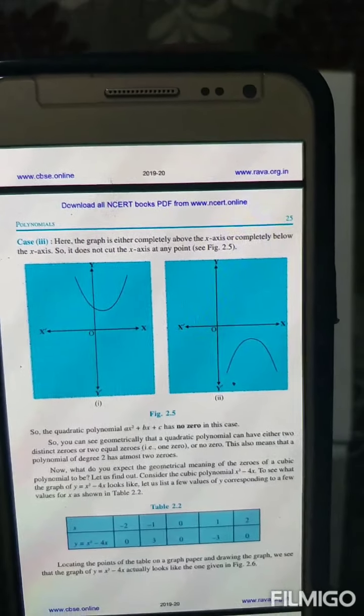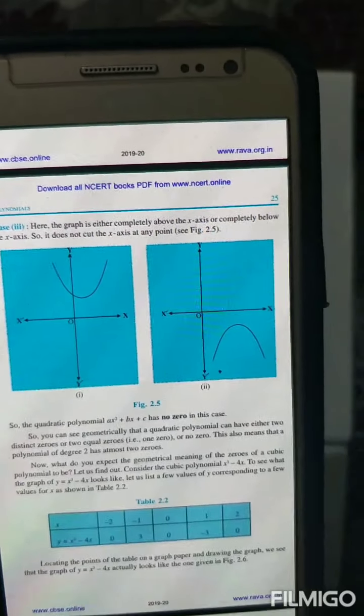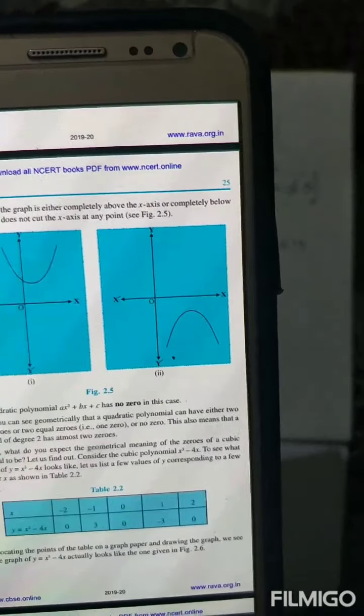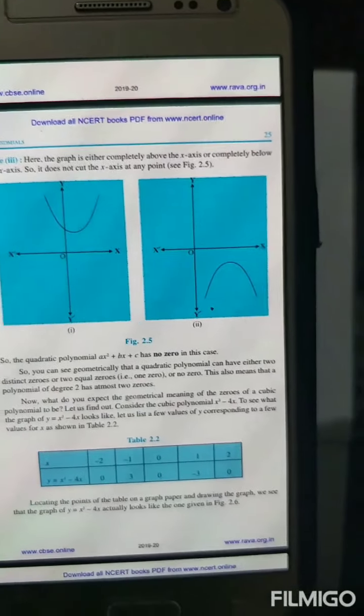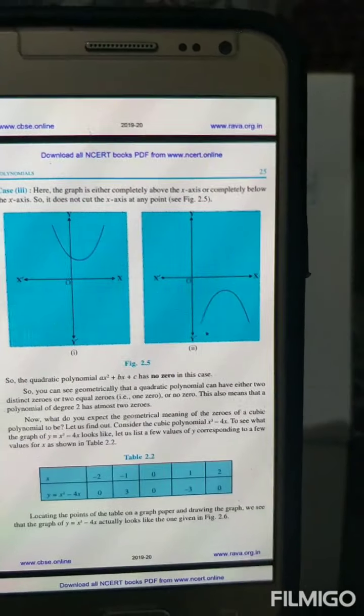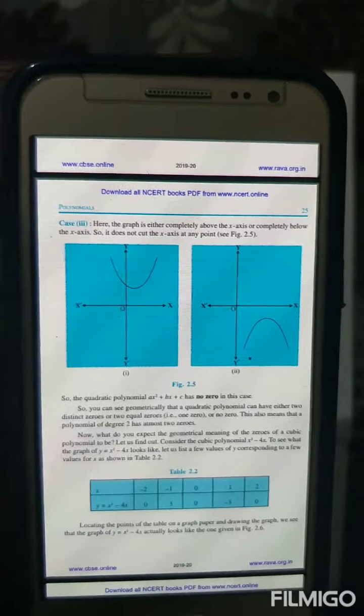We may take a quadratic equation but will not find any zero. That means for any value of x, that equation will not be zero. Clear? So I'll give you some examples of this type of equations first.